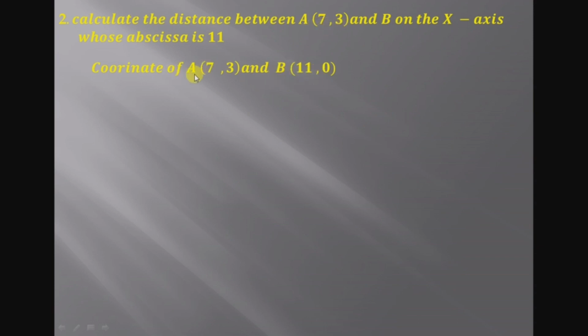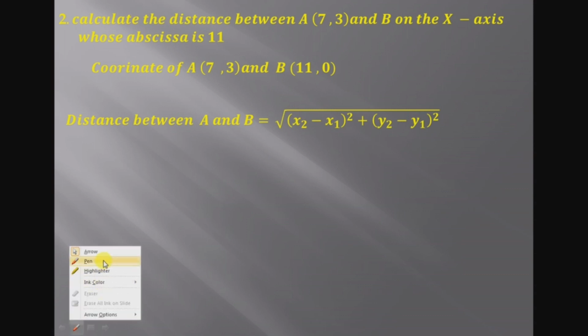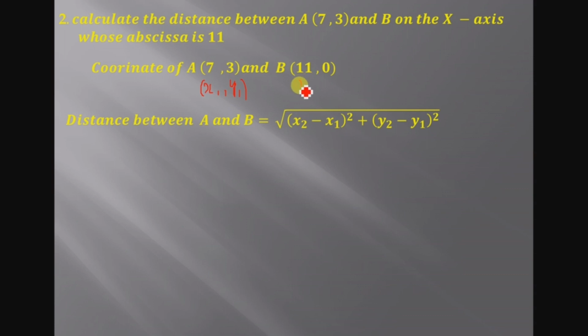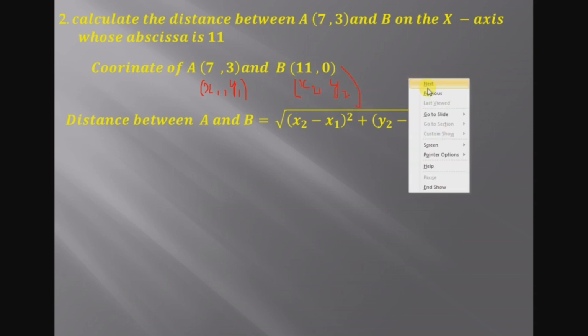We need to find the distance between A and B. It's given by the formula square root of (x2 minus x1) whole square plus (y2 minus y1) whole square. So let's consider this is x1 and this is y1. This is our x2 and this is our y2. So now let's put in the values.